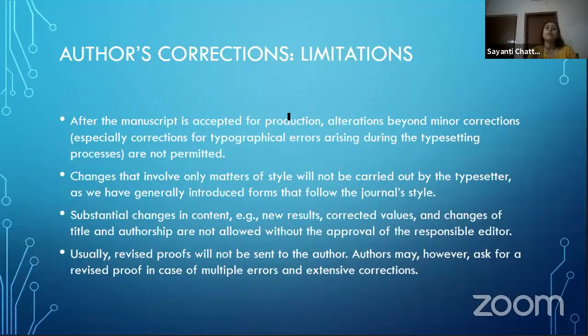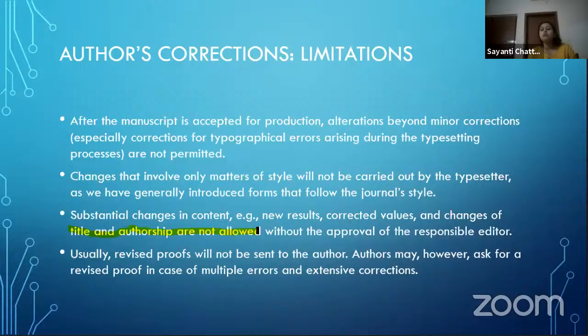When your paper is accepted, only check the typesetting correction, whether spelling is correct or not, whether authorship is correct or not. Any changes in title or authorship are not allowed. What does it mean? If your friend or your supervisor says, please add my name at the time of acceptance, after acceptance it is not allowed.